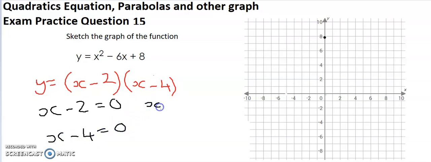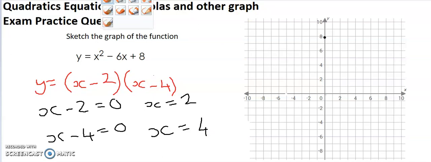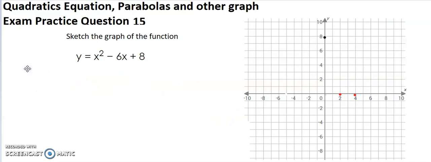That leaves me with x here having to be 2 for that to be 0, and x here must equal 4. So now we've got those, I've got an extra 2 points: x is 2 and x is 4. Okay, so we've got our 3 intercepts.